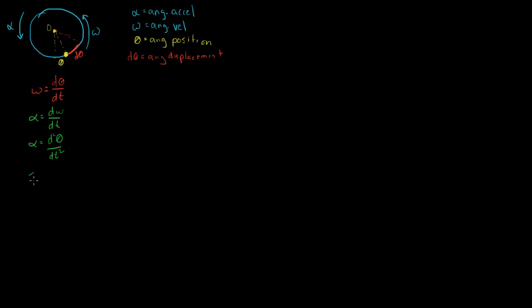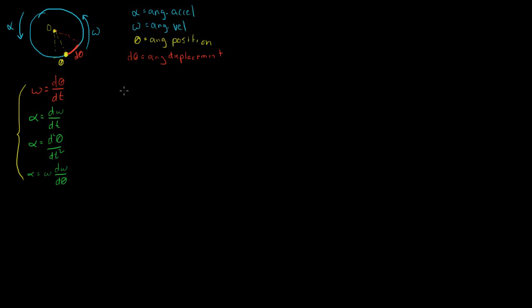And alpha is going to be equal to its angular velocity times the derivative of its angular velocity with respect to its angular position. All 4 of these equations are quite similar to the equations we have for when a body is undergoing rectilinear motion.